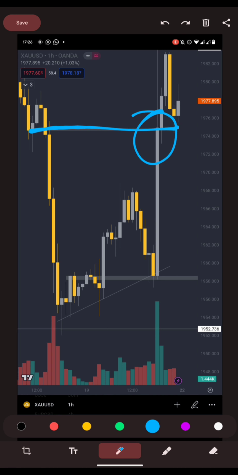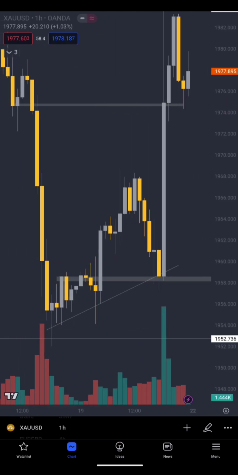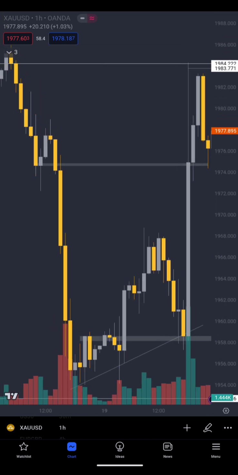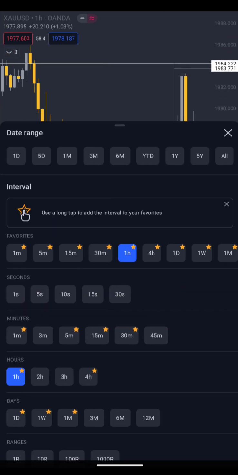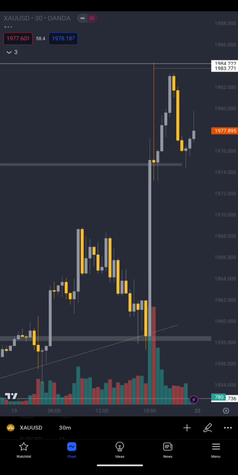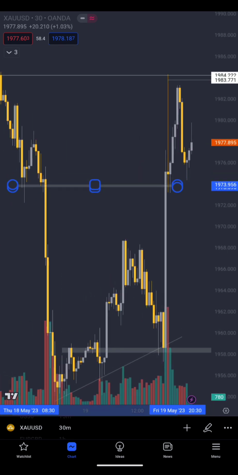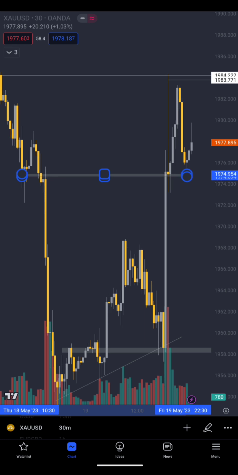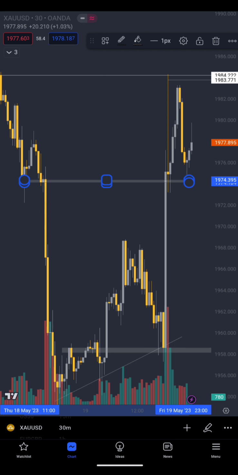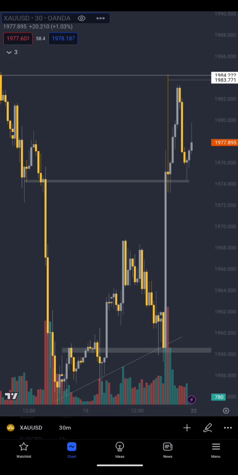So let's see, in M30 you can see here there is a support, there is a drop base drop, and that is where the market broke this area because it was lower time frame. So the market was to reach here, but to not be greedy, exited here on this roadblock.